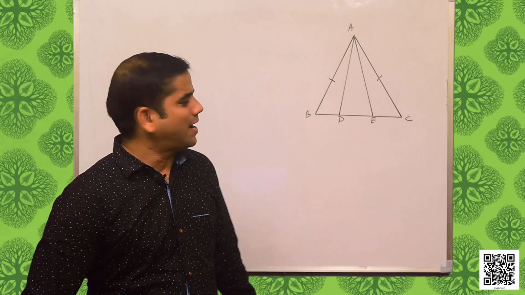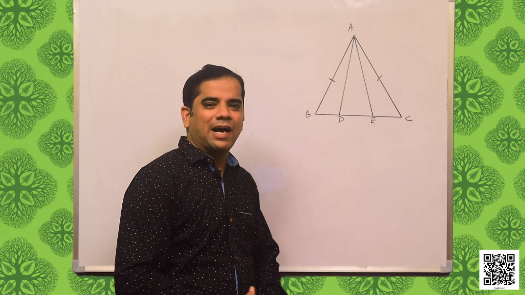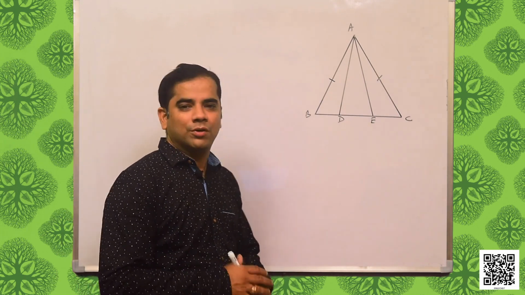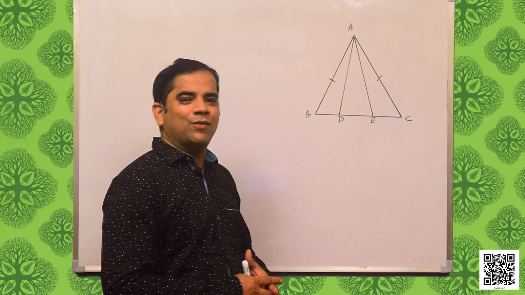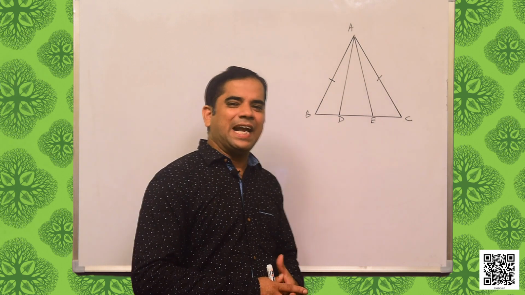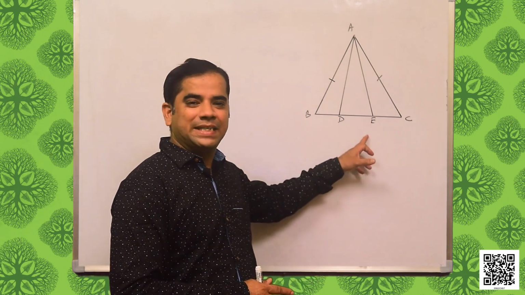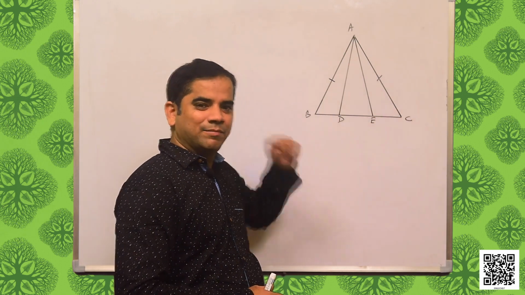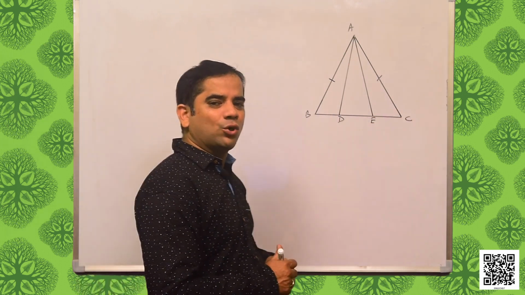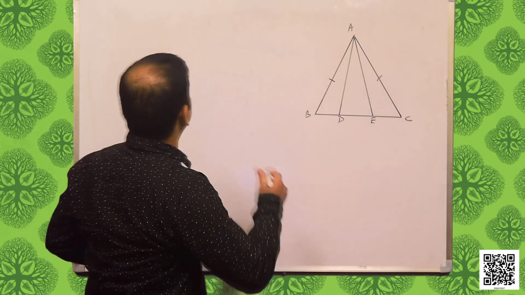Students, I have constructed the diagram as it is given in your book. So, ABC is a triangle with AB equal to AC, D and E are points on BC such that BE is equal to CD, and we need to prove that AD is equal to AE. So, let us go for the solution.